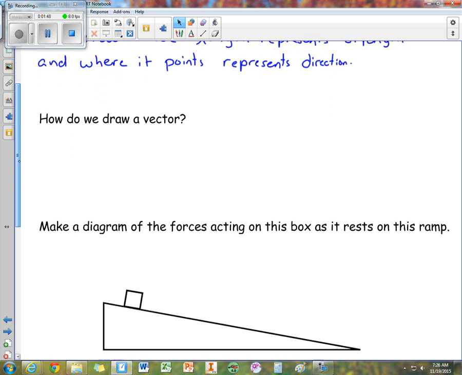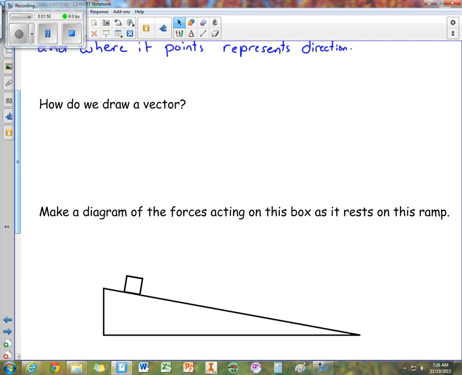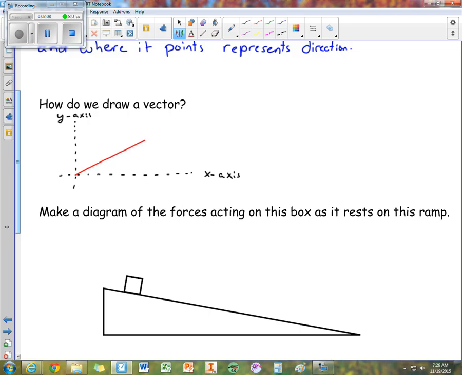So how do we draw a vector? First, what we would want to do is set up a Cartesian coordinate system. The vector then, we could say, starts at the origin and goes in some direction.